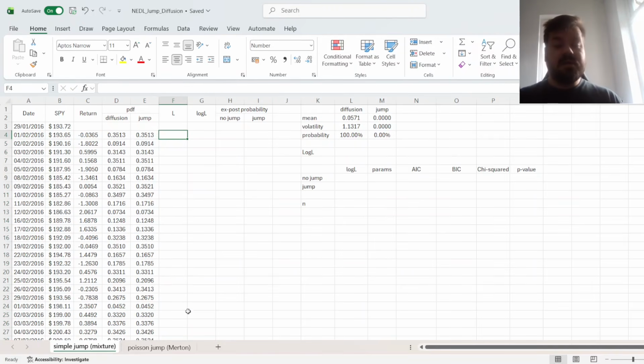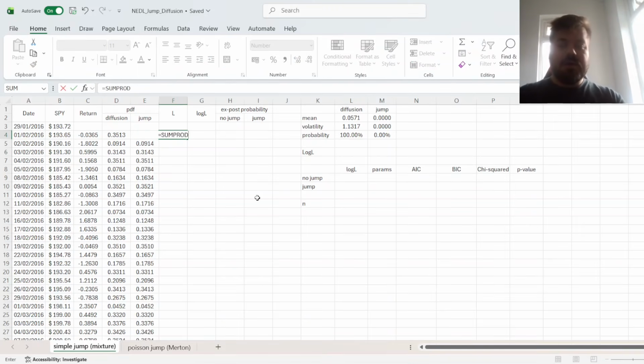The likelihood subject to those two possibilities is obviously the probability weighted density. So it's a sum product of the diffusion density and jump density, weighted by the probabilities of the jump not happening and the jump happening.